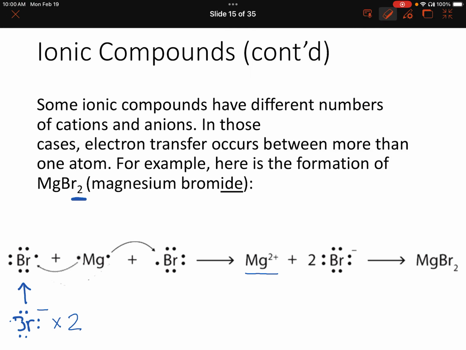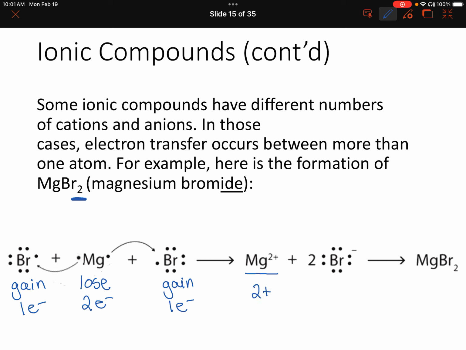All right, so again, magnesium is going to lose 2 electrons to become like a noble gas, and each bromine is going to gain 1 electron. So then we end up with magnesium 2+, and we have 2 1 minus ions from the bromide ions.